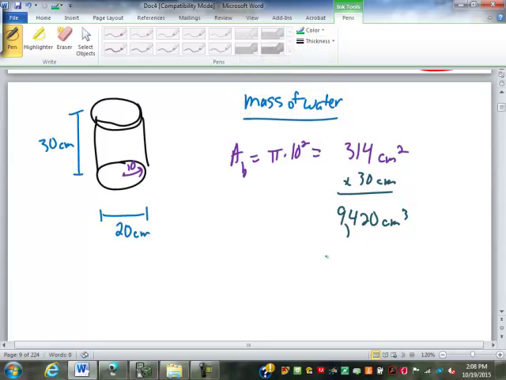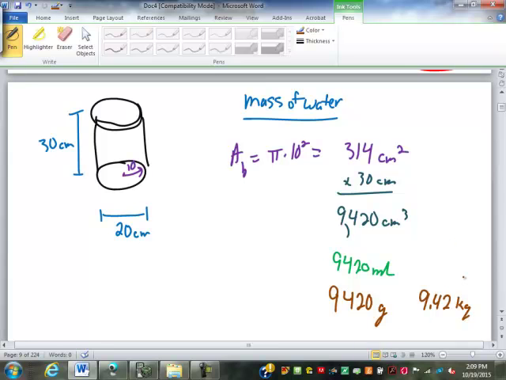Which is about 9,420 milliliters, because a cubic centimeter and a milliliter are the same unit, which is about 9,420 grams of water, correct? Because a milliliter of water is 1 gram. So if that's grams, it's 9.42 kilograms.